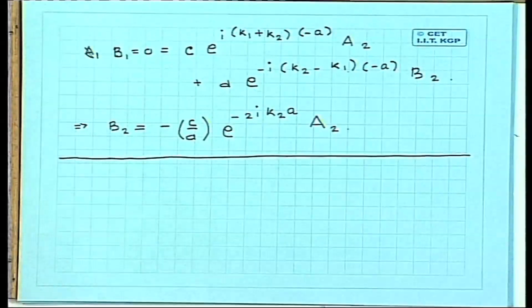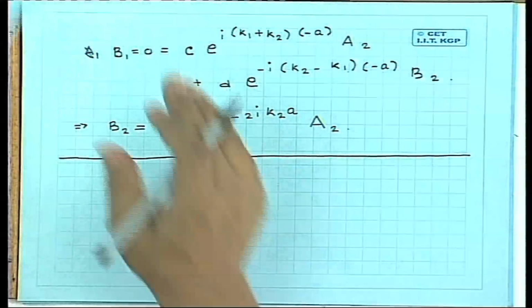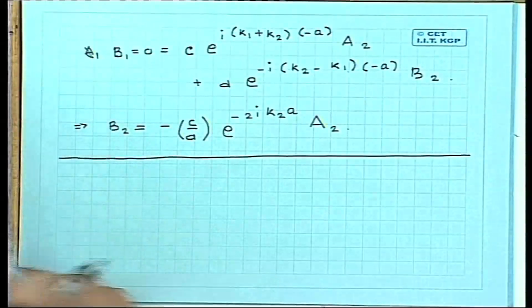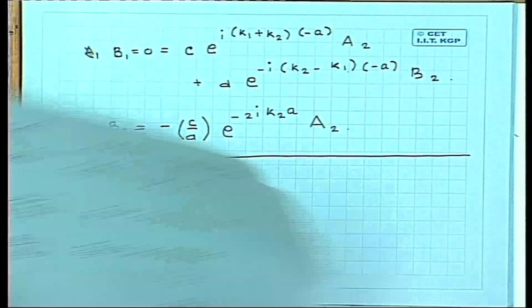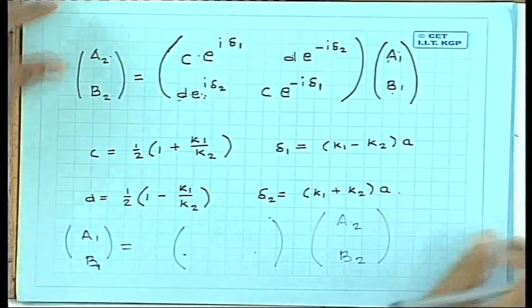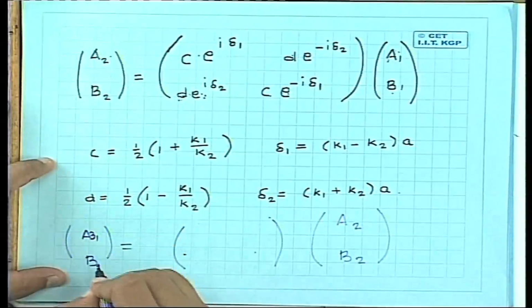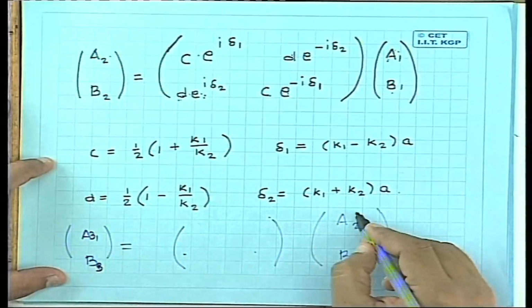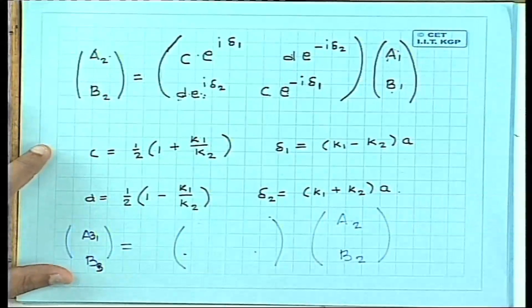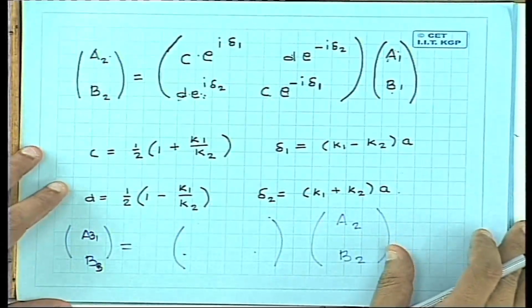We also have to impose the boundary condition at the point A. So now we want to relate A3, B3 to A2, B2 at the point A. A is the boundary between the region 2 and 3.